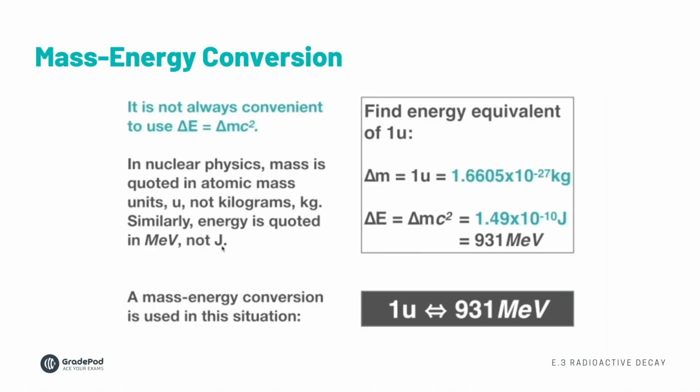So what we can do is pretend we have a mass defect of 1 atomic mass unit, and we can pop that mass defect into this equation and find out what the equivalent binding energy would be. So if we have one atomic mass unit, we'll turn it into kilograms, pop it into here, multiply it by (3 times 10 to the 8) squared, and we get this number.